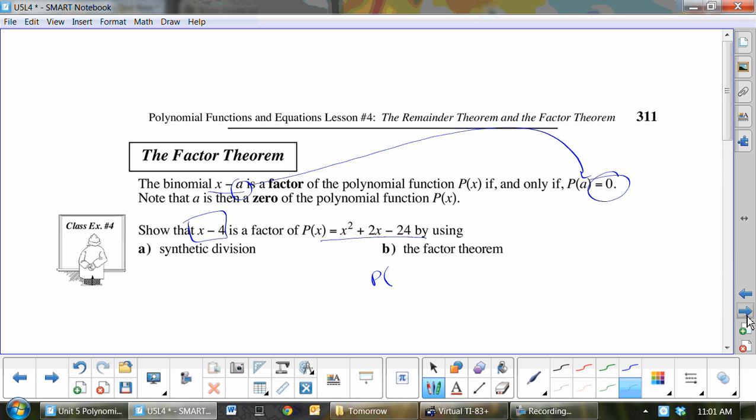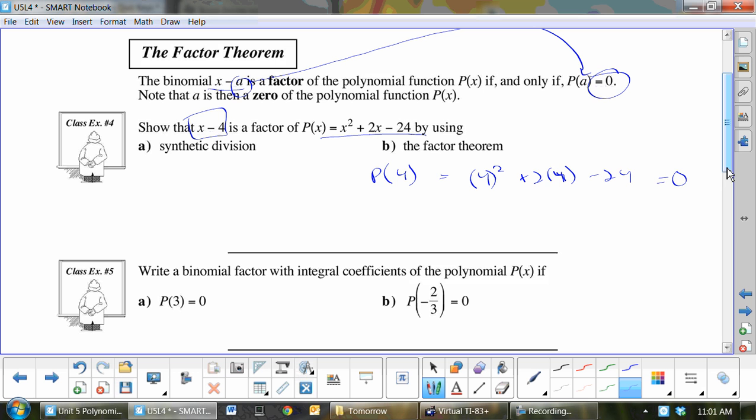What would I put in? 4, right? Because it's x minus 4. So we just try that. 4 squared, always in brackets, plus 2 times 4 minus 24. Okay, and you will see that this does equal 0. So therefore, it is a factor.